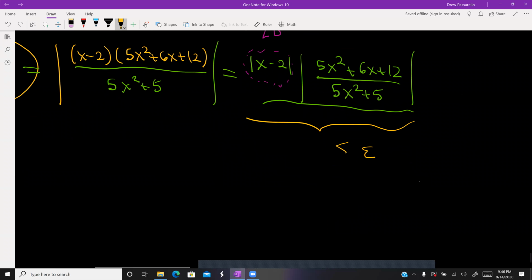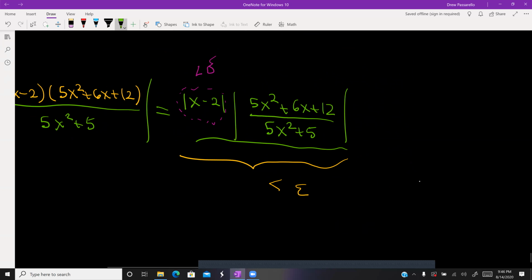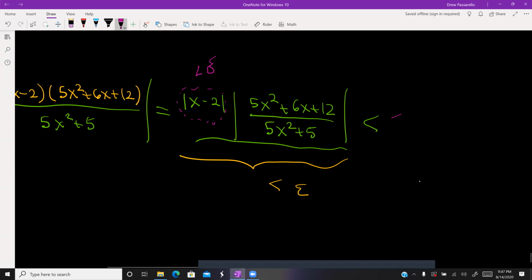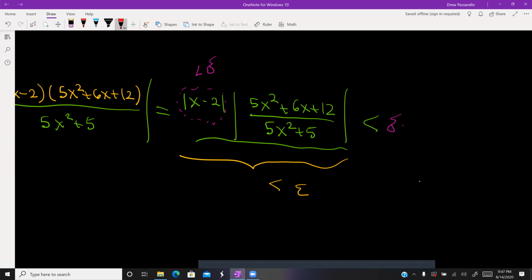So essentially this will be less than some delta times, let's call it M, where M is a bound for this thing.